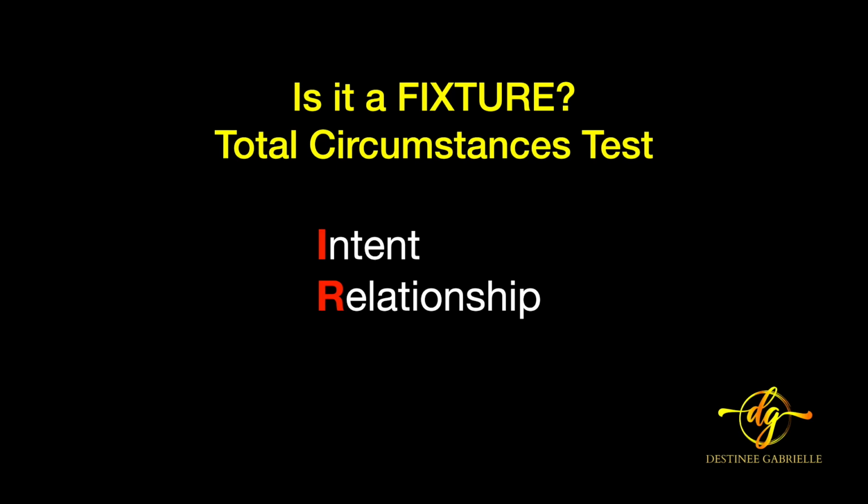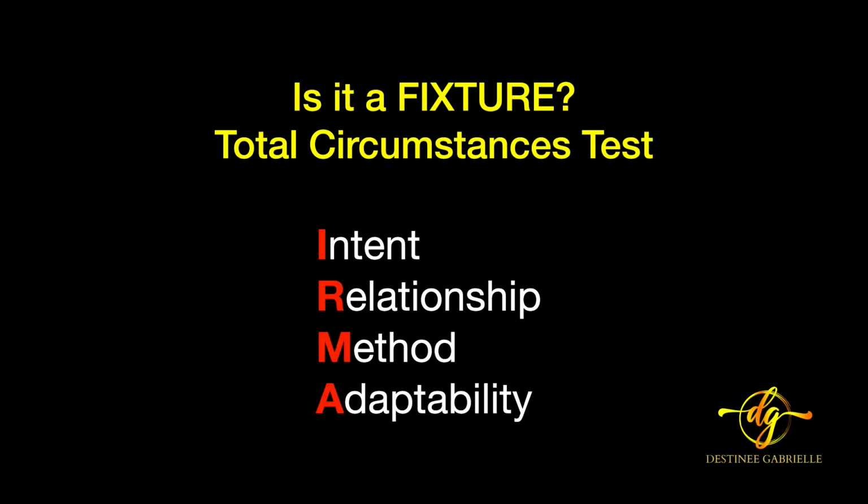All right, so we're going to talk about the total circumstances test, which will determine if it is a fixture. This is one of those things that there were a lot of different questions about this very basic idea. So if you get this, you're going to have a good chunk of the test. So the first one is I for intent, R for relationship, M for method, and A for adaptability.